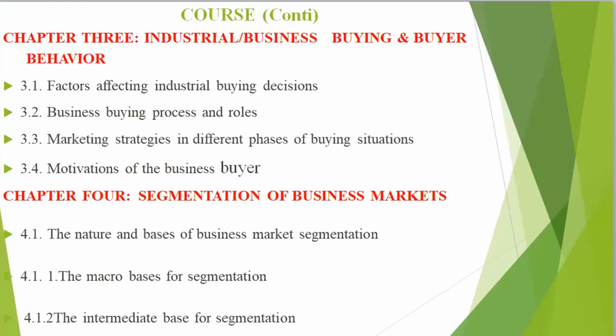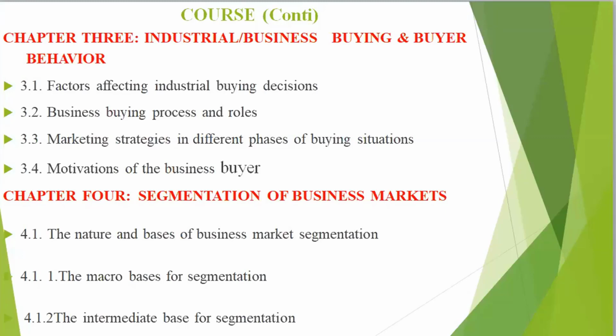There are different functional units within the organization. The purchasing department is responsible for purchasing the product. So the buying behavior of a business organization depends on the purchaser's behavior.